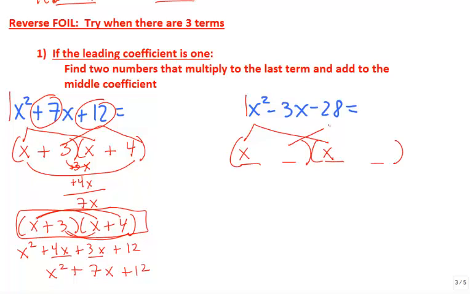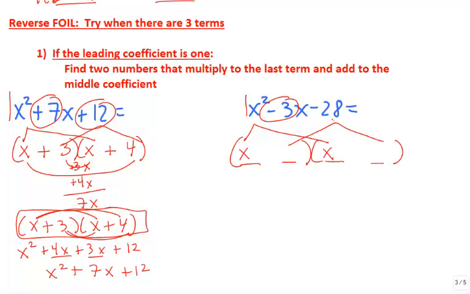To get the last term on the end, you have to think of factors of 28. So we're looking for two numbers that multiply to 28, but at the same time, those two numbers also have to either add or subtract to this middle coefficient of -3.